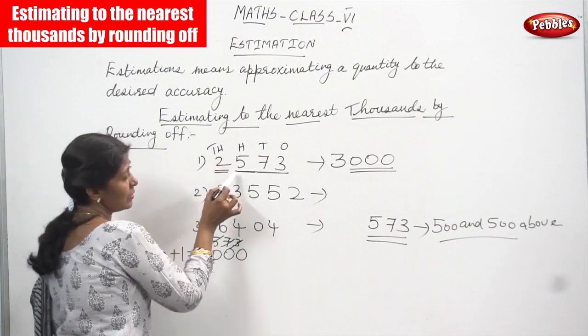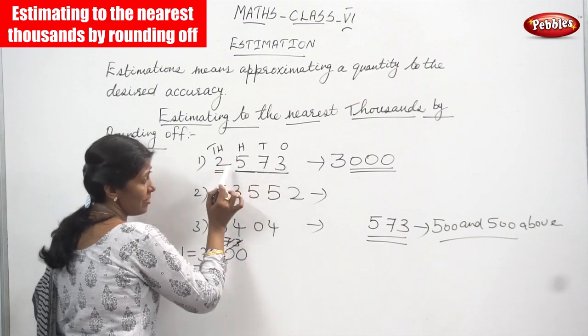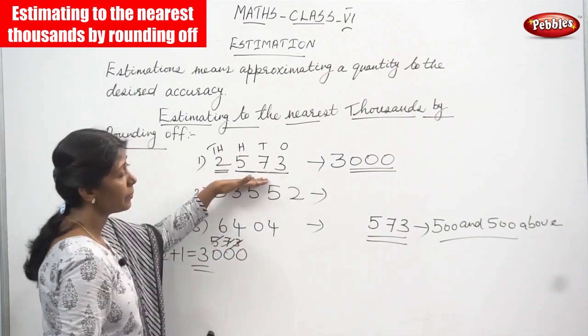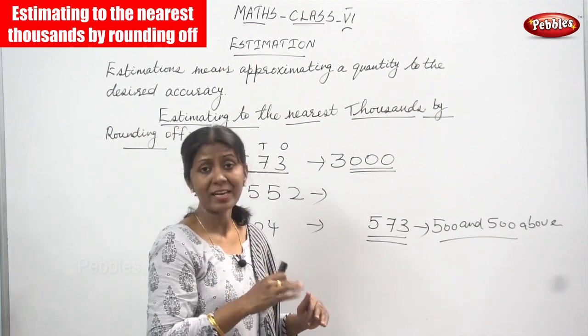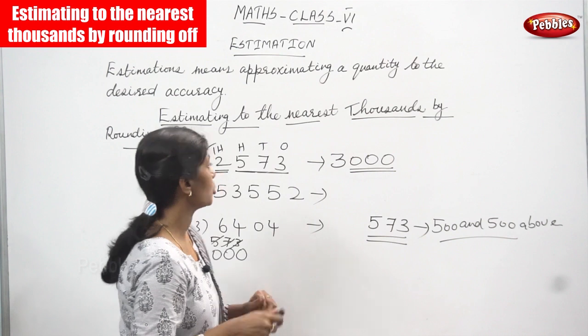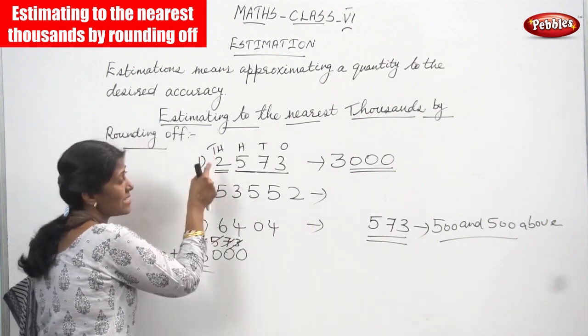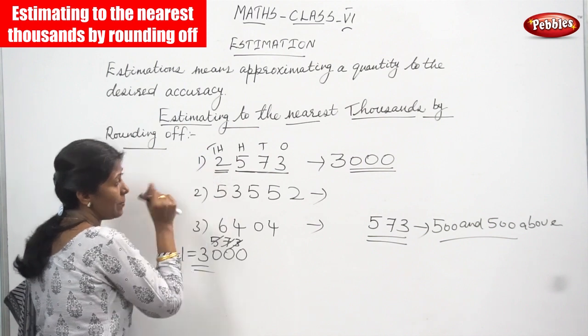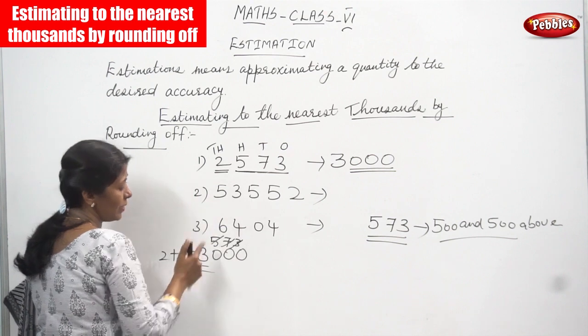I'll repeat. You consider the 100 place, 10's place and 1's place value. If this number is 500 or more than 500, you add 1 to the 1000 place value. The 1000 place value is 2, so 2 plus 1 is 3.